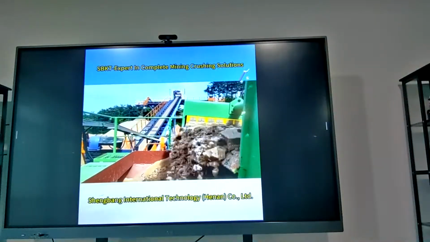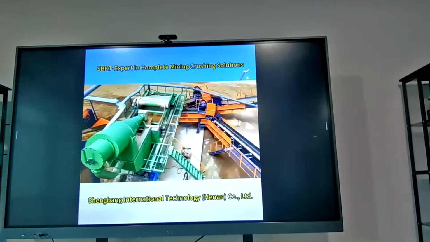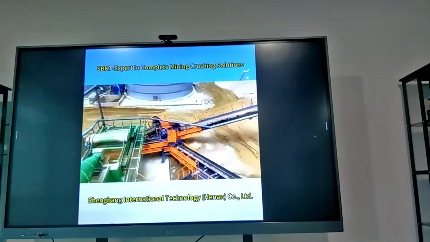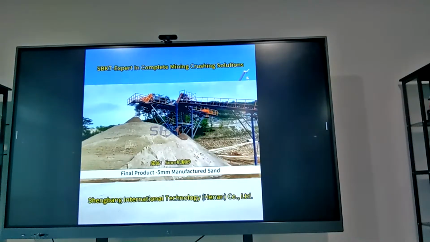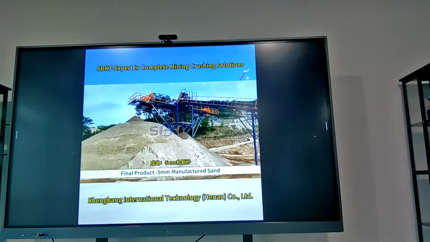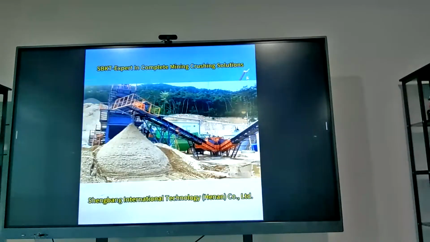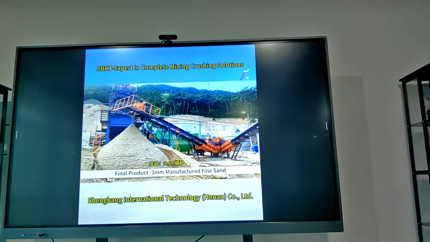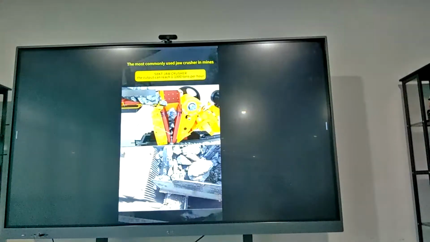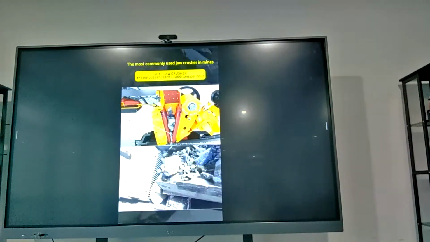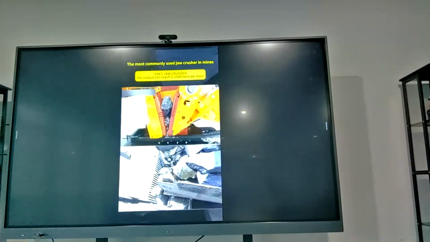In the field of sand and gravel production and ore processing, the ordinary jaw crusher, hereinafter referred to as the jaw crusher, and the European version jaw crusher are both crushing equipment with different technical characteristics and performance advantages.